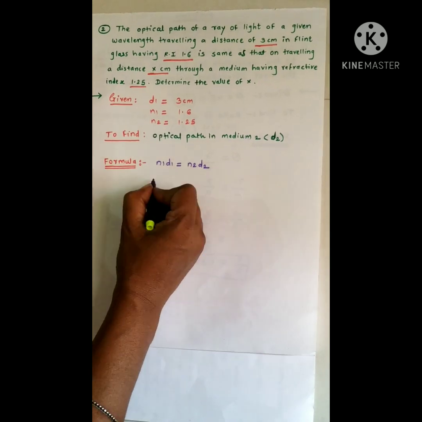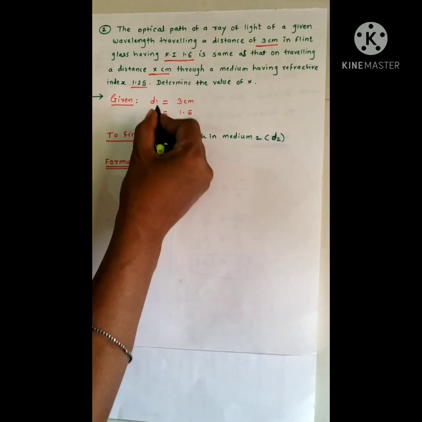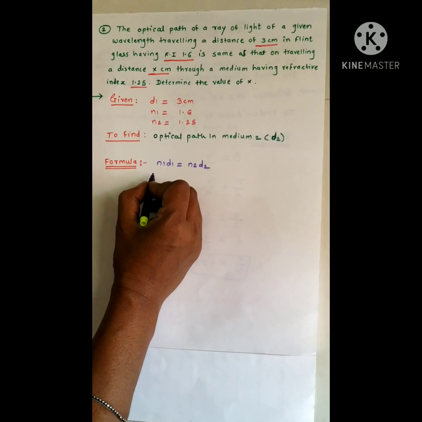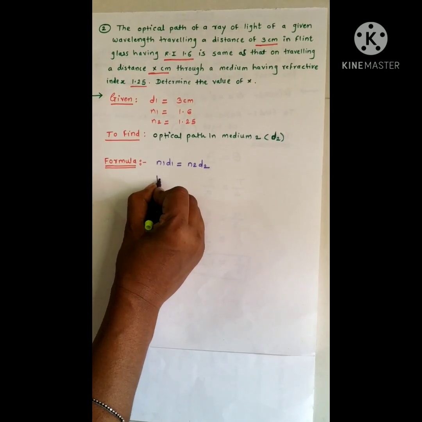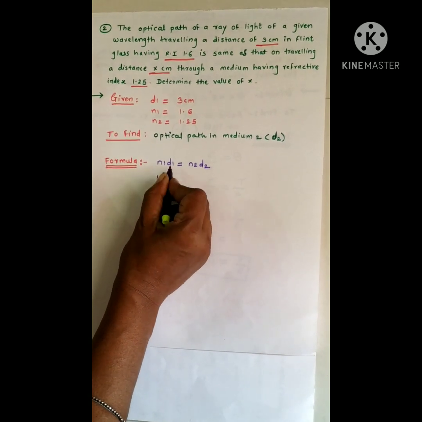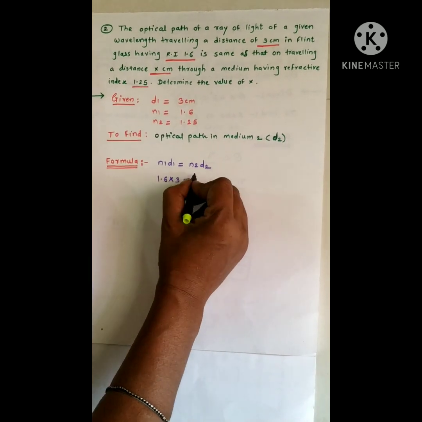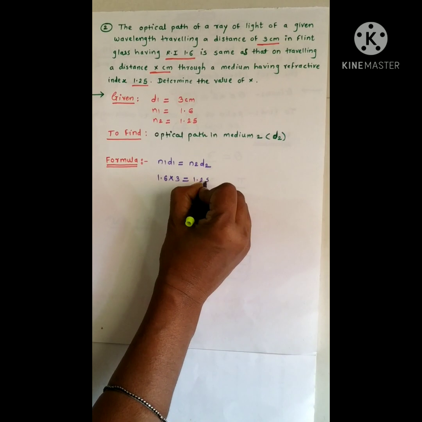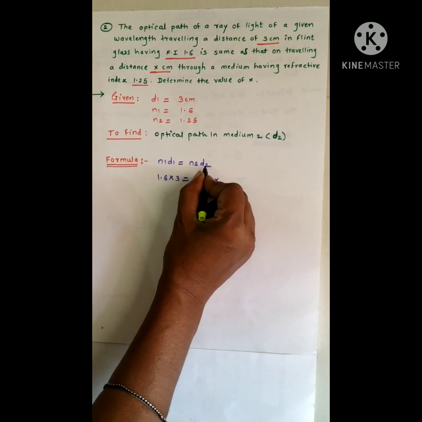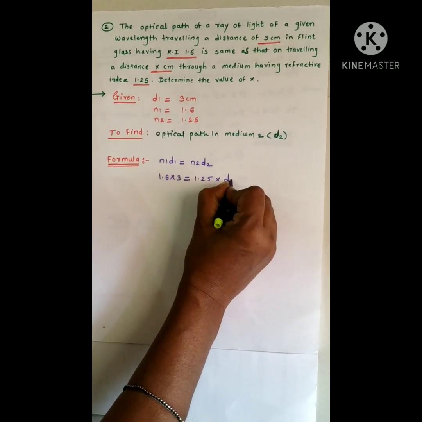Now substitute all the known values. 1.6 into d1, that is 3, is equal to n2, 1.25, into d2, which we don't know, so write it as it is.